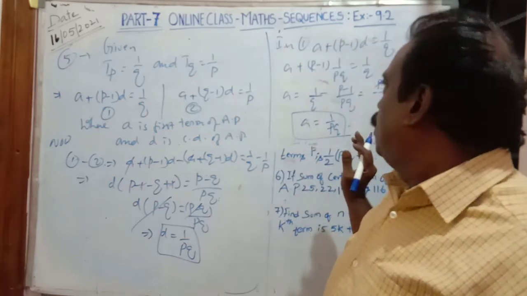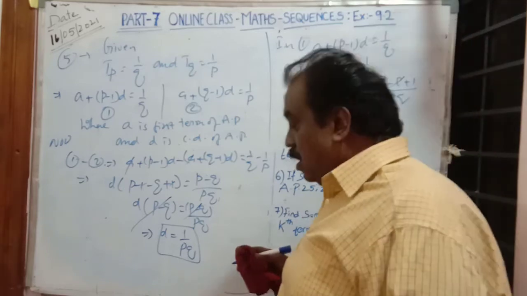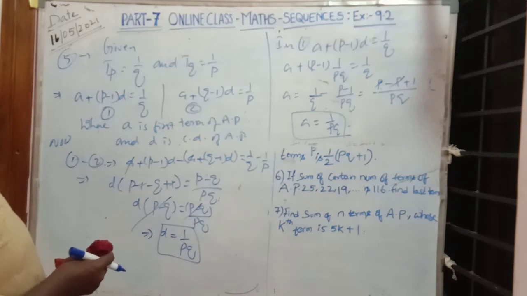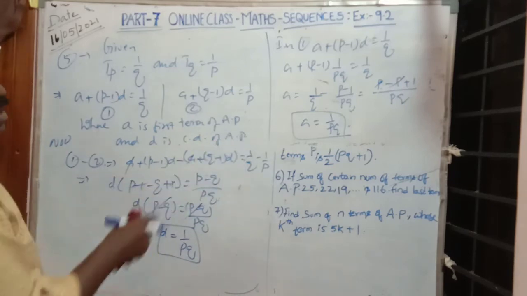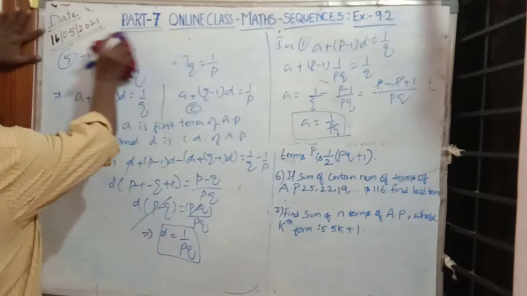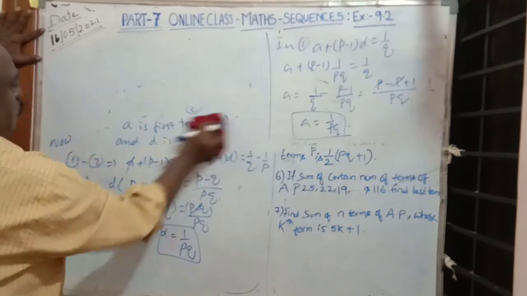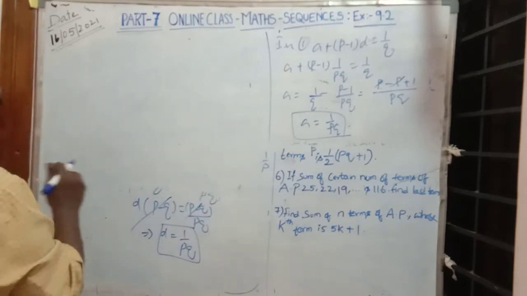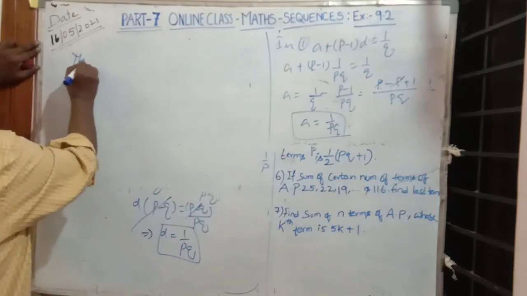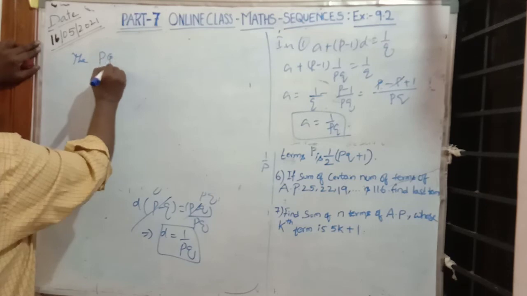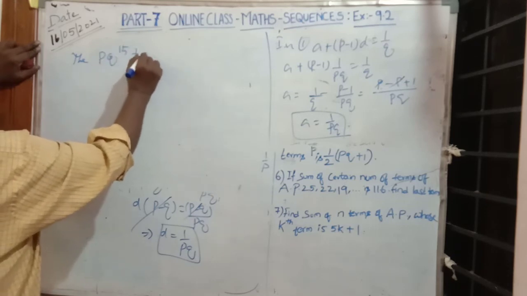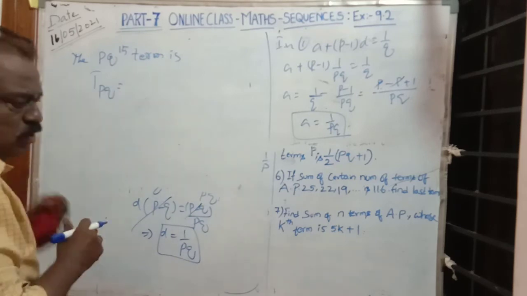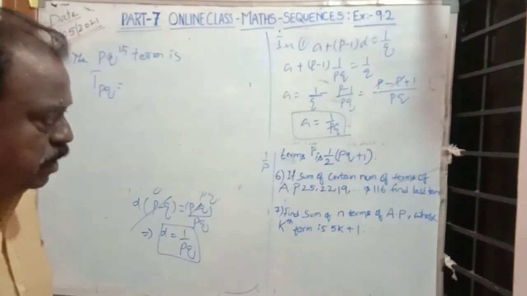So in this problem, D and A both are 1 by pq. Now what we are asked to find in the problem is the pqth term. The pqth term is T pq. pq is some number, don't confuse.